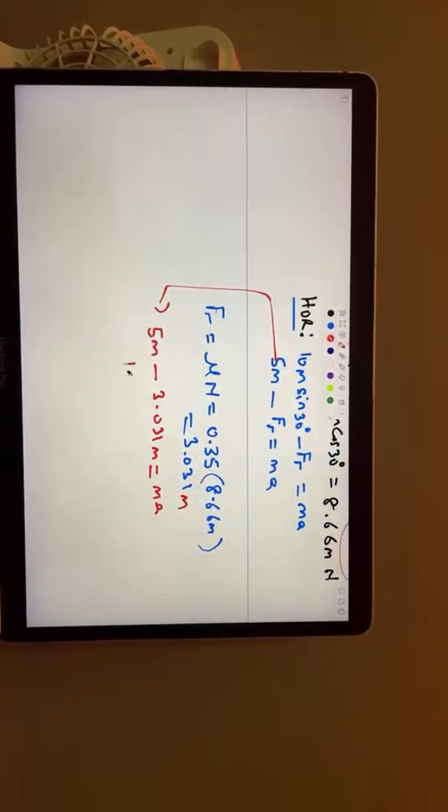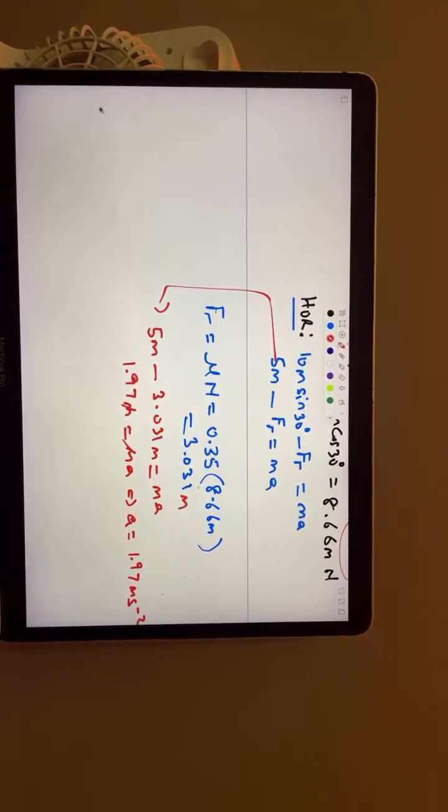And then this will be 1.97 m equals Ma. Divide both sides by m. That implies that acceleration is 1.97 meters per second squared. So that was how we got that.